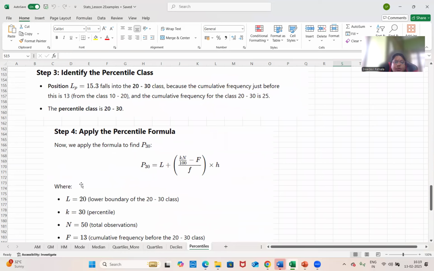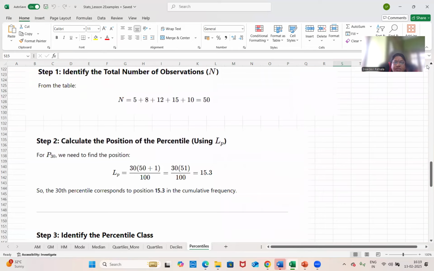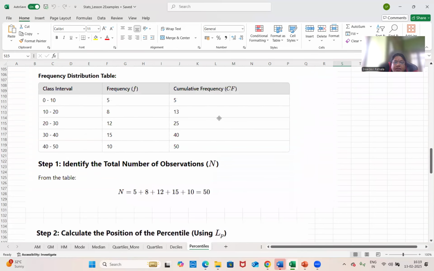Lower class boundary is 20, K is equal to 30 because it is asked for the P30 value, and N, the summation of fi, is 50. The cumulative frequency is always the one above the class interval in which the value falls. In the median, how do you calculate it? The cumulative frequency above the line is considered F, and the class frequency is small f.